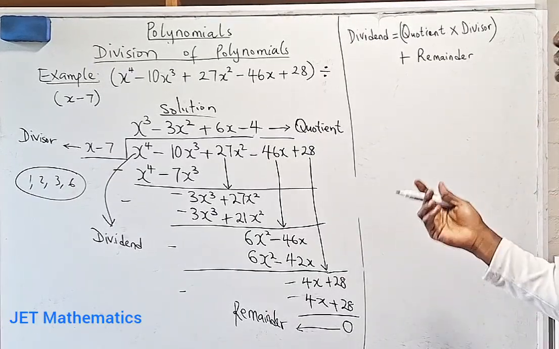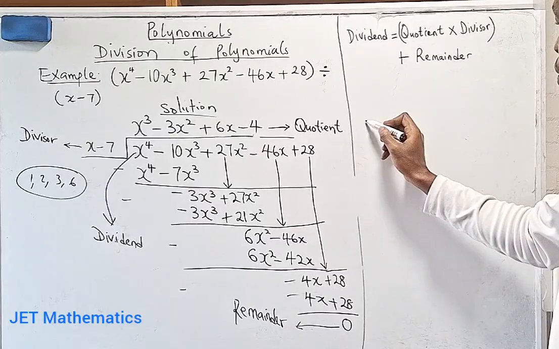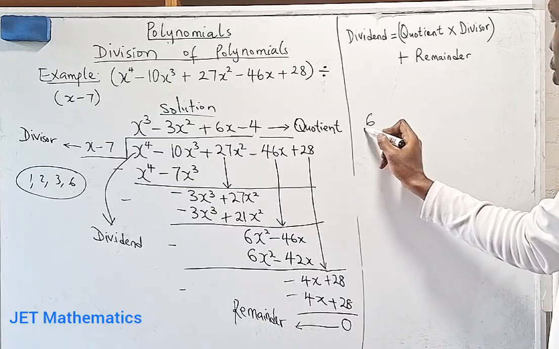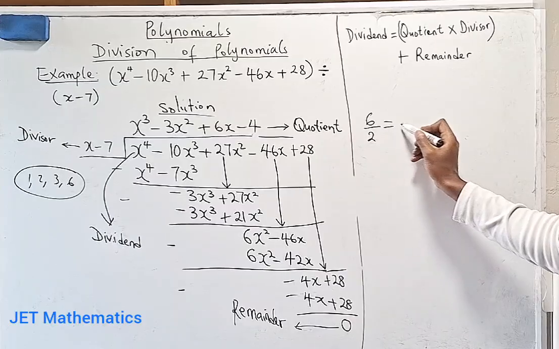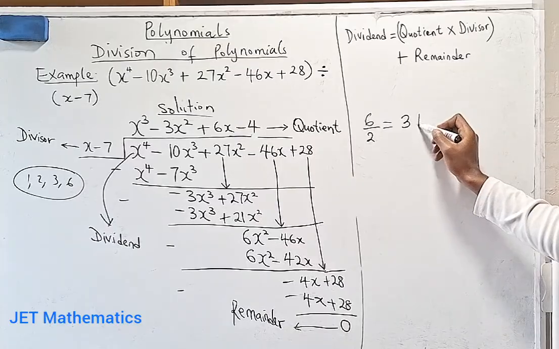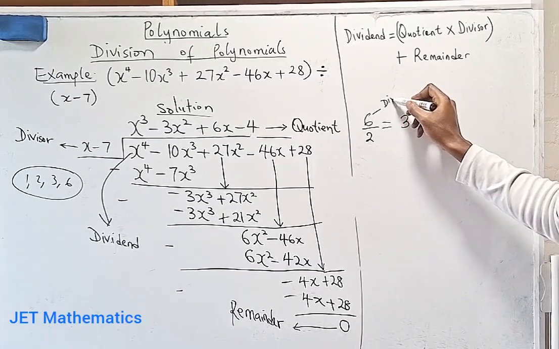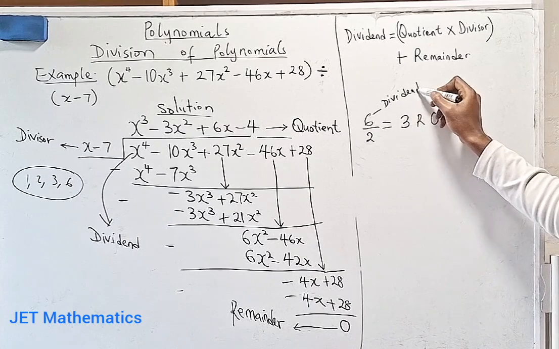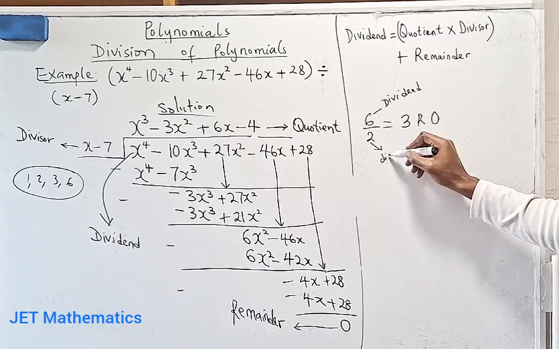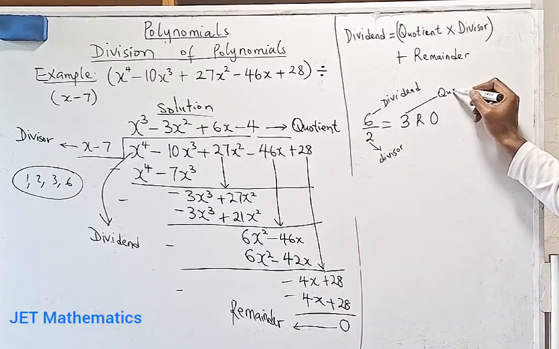Okay, so I can illustrate that with just a simple fraction. For example, we have a fraction like 6 divided by 2. We already know that this is 3, remainder 0. This is the dividend, this is the divisor, and this is the quotient.